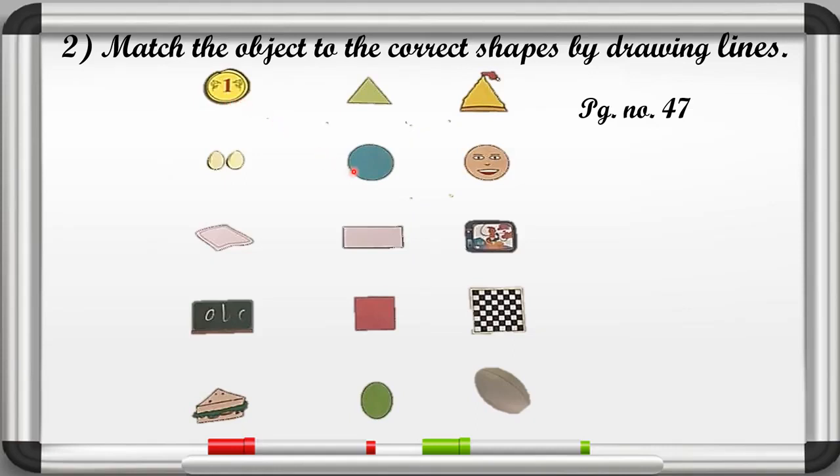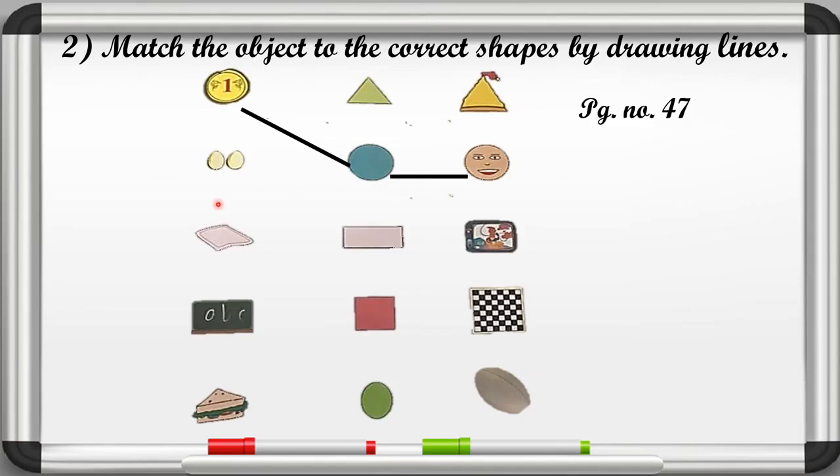So we will match it with the help of this line like this. We have matched circle with the coin. Now beta, with the help of this circle, we can make a face. So we will join this circle and face by this line.